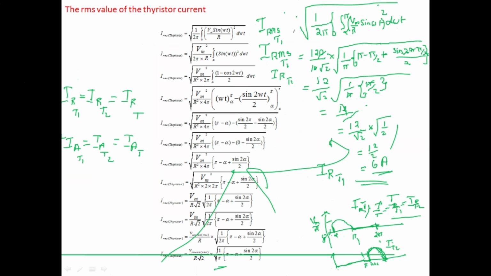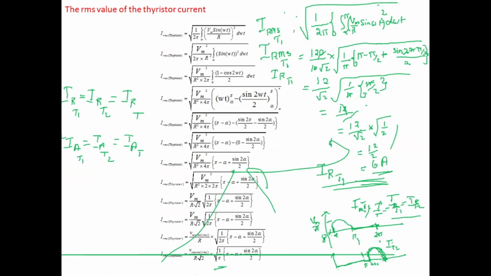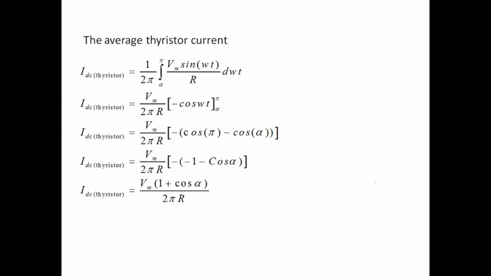In both cases, this waveform's value and this waveform's value are the same. So the RMS current flowing through thyristor T1 is 6 amps, and the average current we have previously calculated is something like 2.7 amps.